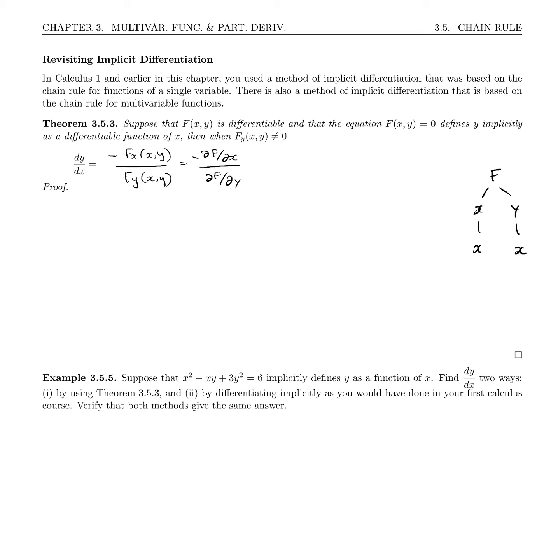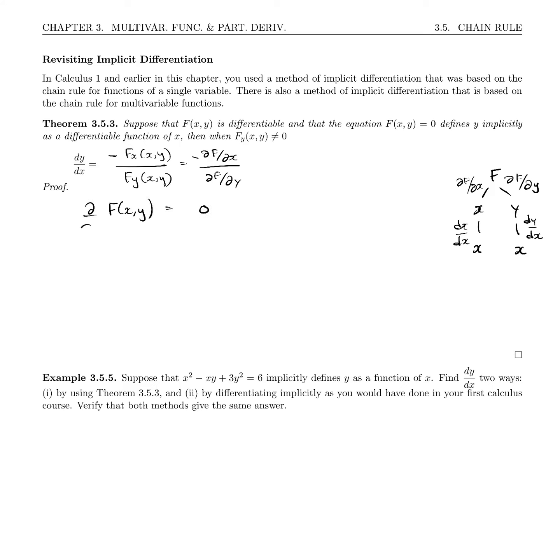And so if we're going to use a multivariable chain rule, we would have del f/del x and del f/del y on those branches, and dy/dx, and dx/dx, which seems kind of silly, and we'll see that it's going to cancel out in just a moment.